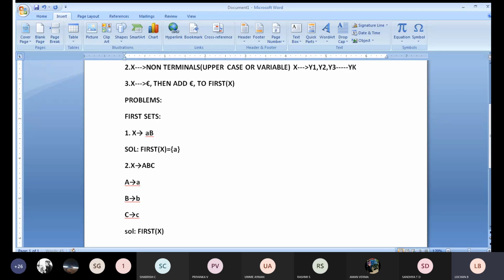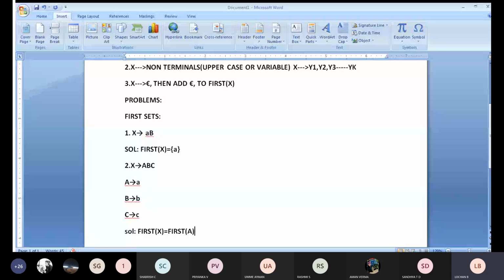In this case you are getting non-terminal capital letters. In the previous problem you got a small letter, so we wrote it directly. If you get non-terminals, or variables, then for first of x we take the first variable in the right side of the production, so you get first of A. In A, A implies small a is there.